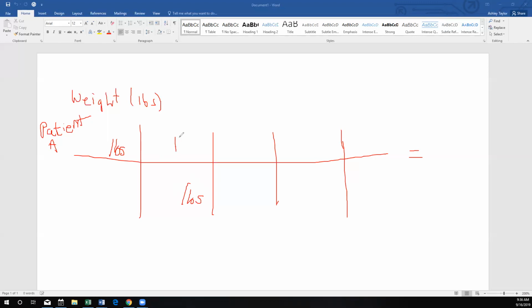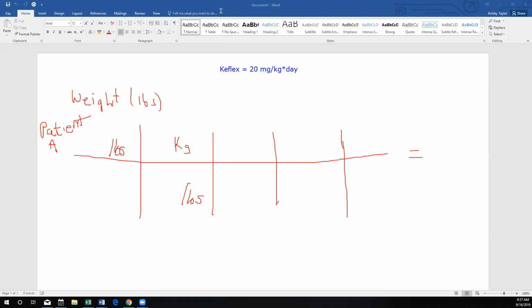And now I need kilograms on top because my CalFlex is equal to 20 milligrams per kilogram. And I'm going to put this times per day. So I'm going to write this a little differently than what is given in your project.